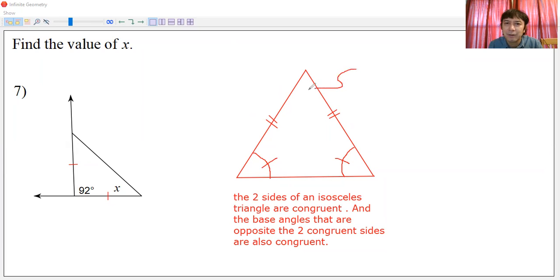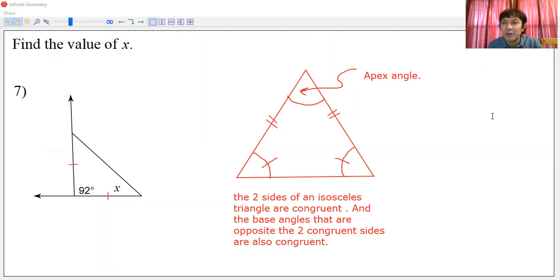And this angle here, the third, okay, this is called the apex angle, okay? There. All right.